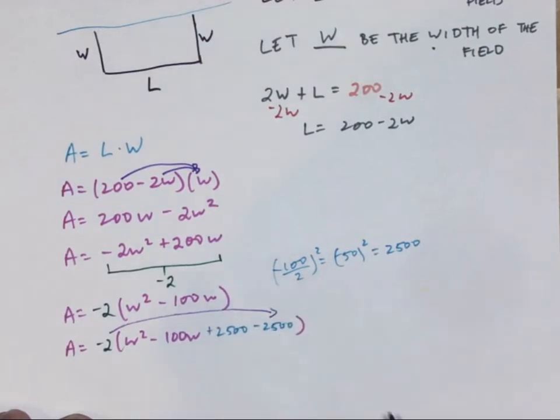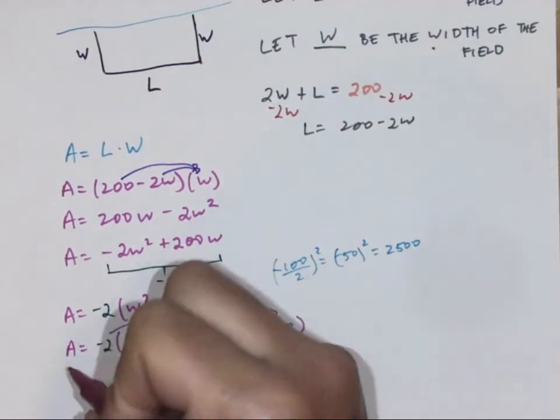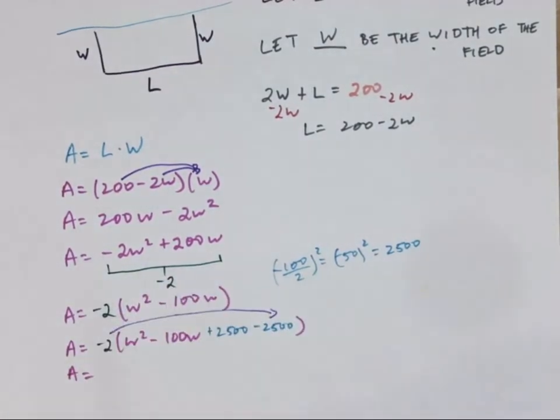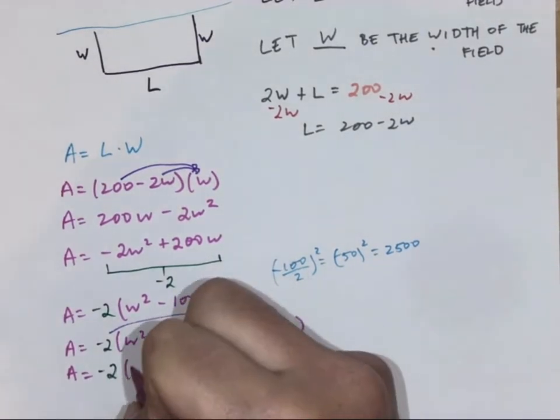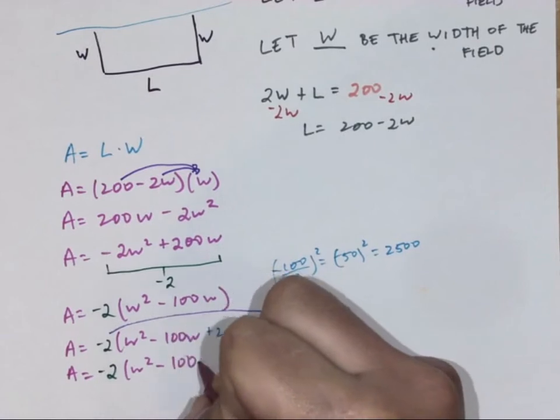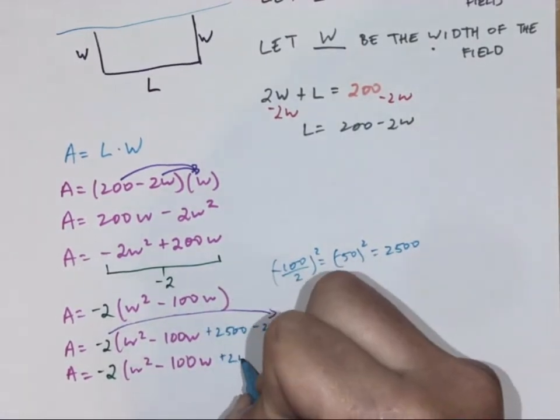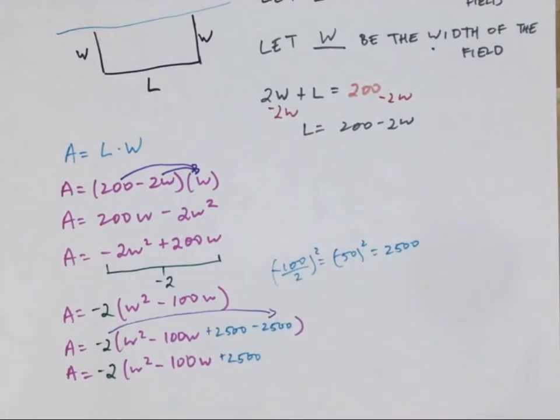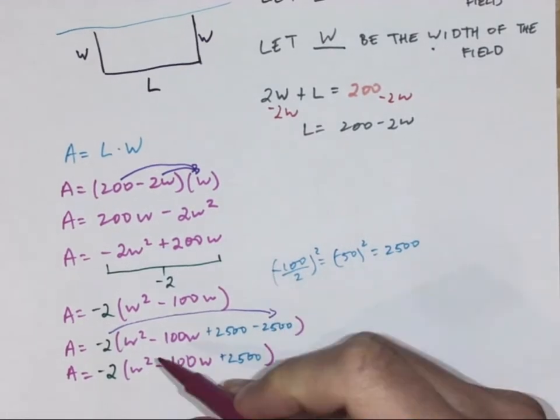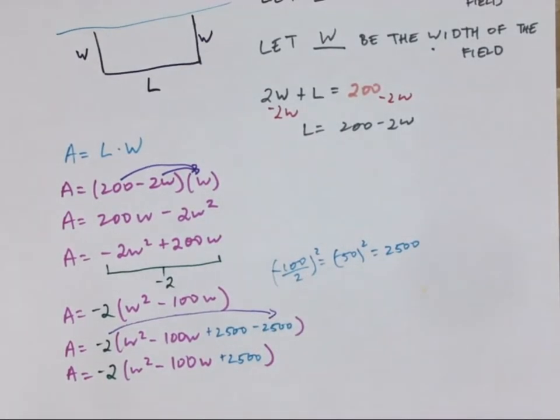Distribute selectively. Negative 2500 times negative 2.